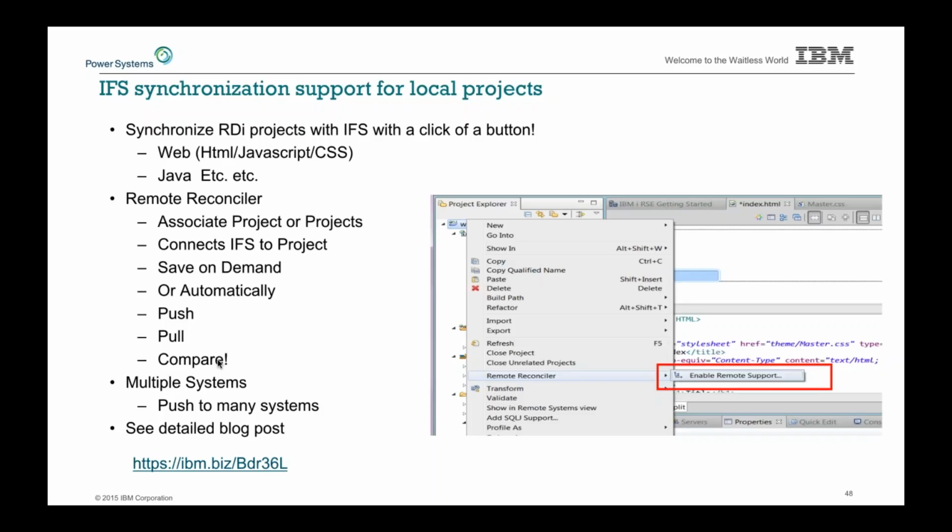They'll connect your IFS to the project, save on demand. You can do push, pull, compare. There's a lot of function that was added into here to help simplify and make this process work better, as well as support for multiple systems. So I can actually push these changes out to multiple systems if I so need to. And again, we have a nice little blog post that is available that goes into the detail on this.